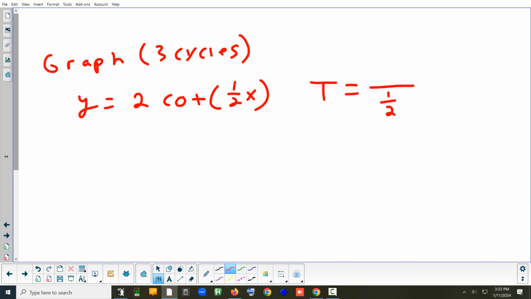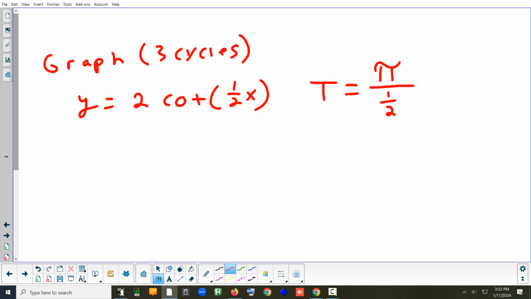What's the length of the original period for cotangent? Not pi over 2. There were 2 periods that came up a lot when we did graphing: one of them was pi, and the other was 2 pi. It's pi. Tangent and cotangent have a period of pi.